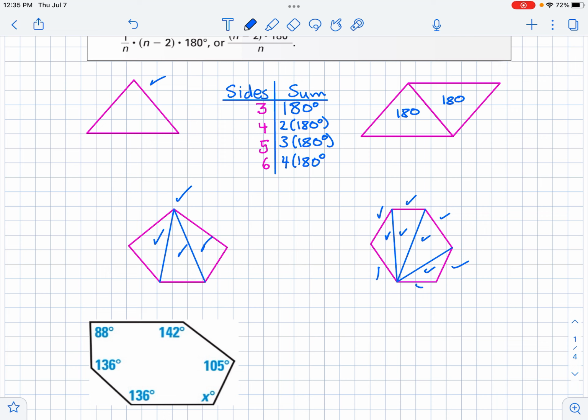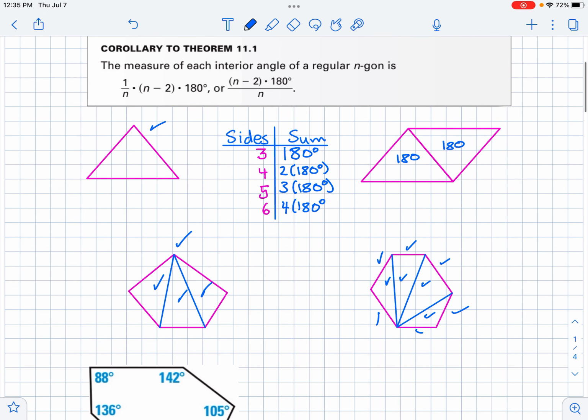Now, look at this. We're talking about these polygons. First of all, let's just see if we can do a little bit of analysis here. When we had 3 sides, it was 1 times 180. When we had 4 sides, it was 2 times 180. 5 sides, 3 times 180. 6, 4 times 180.